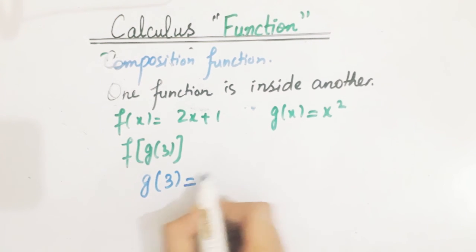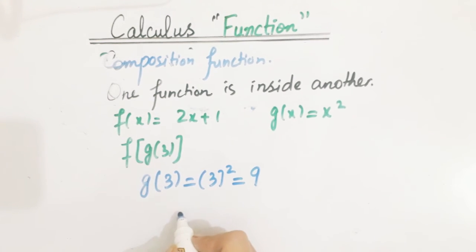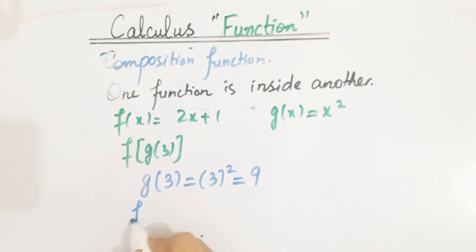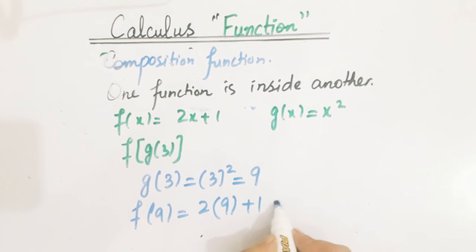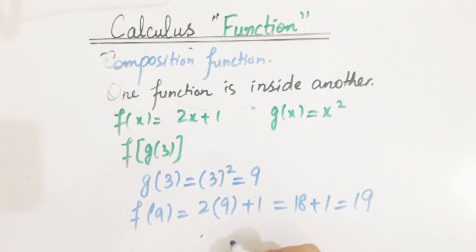So g of 3 means x square, 3 square, 9. Now plug this value into f. So f of 9 equals 2 times 9 plus 1, that is 18 plus 1, 19. So you get the answer 19.